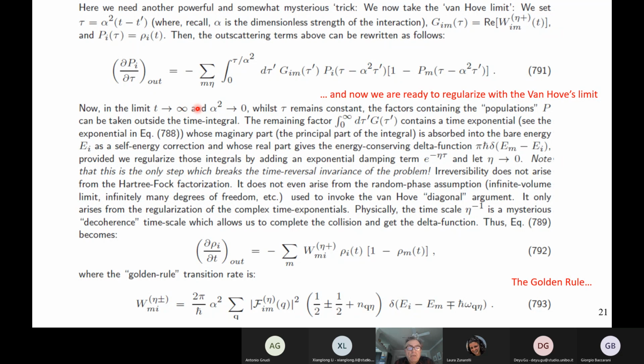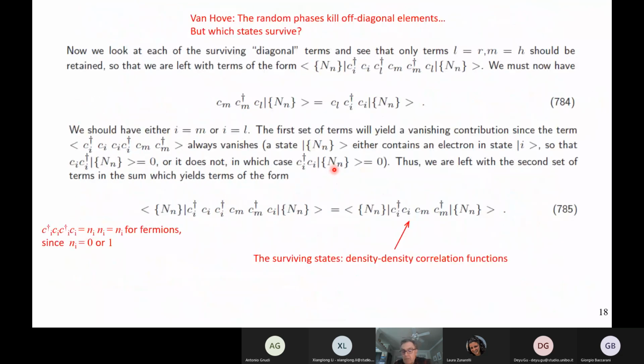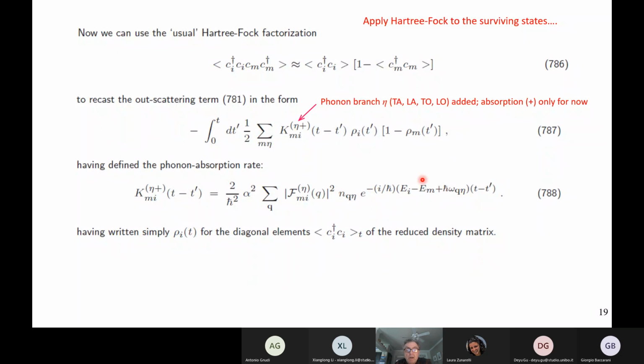So the time t goes to infinity for a fixed t prime as the strength of the interaction goes to 0. This is necessary. Let me go back to this expression here. You remember that for the Fermi golden rule, in order to integrate this, we have a problem, right? We integrate over time, or t minus t prime.